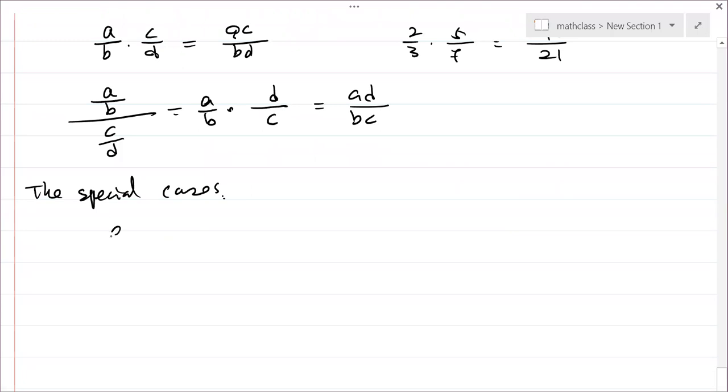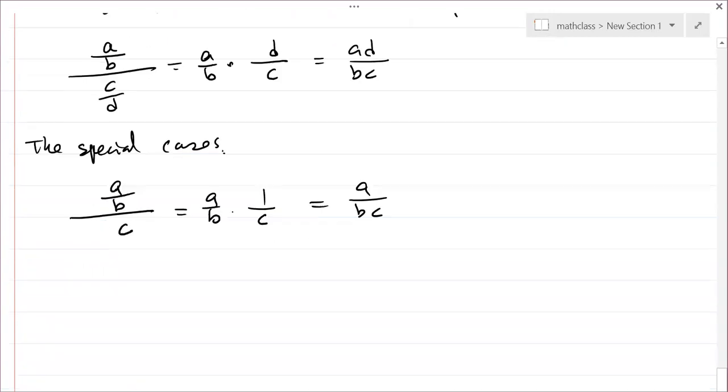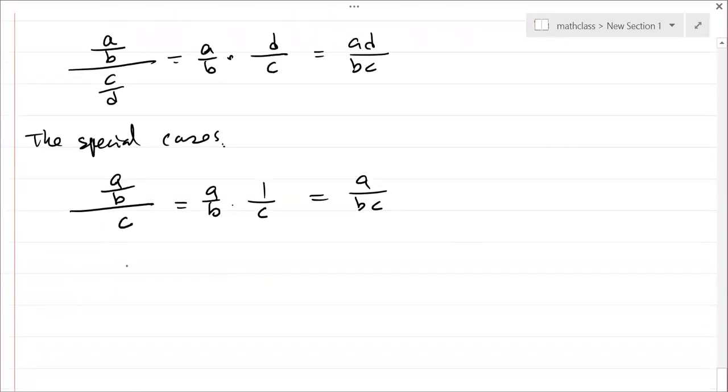So a over bc, that's only 1 letter there, but this can be viewed as a over b times 1 over c, so that is just a over bc. I'm talking about formulas here. For example, you have 2 over 3 divided by 5.